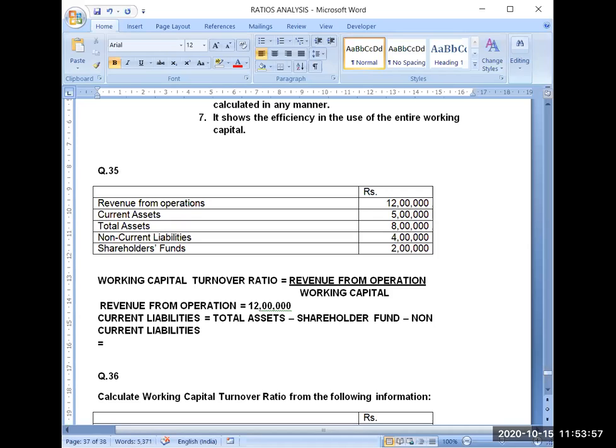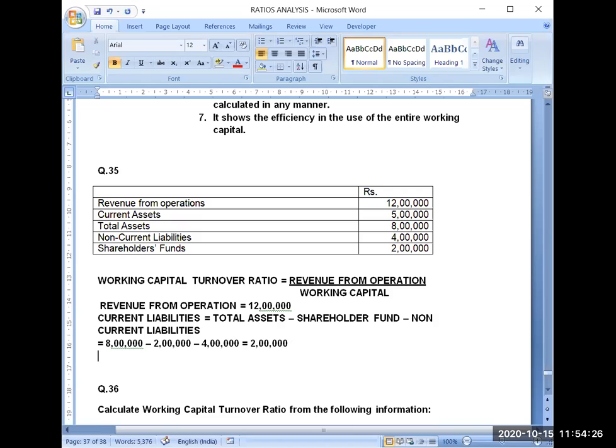So total assets are 8 lakh, minus shareholder fund is 2 lakh, and non-current liability is 4 lakh. So it will become 2 lakh. Your current liabilities will become 2 lakh.